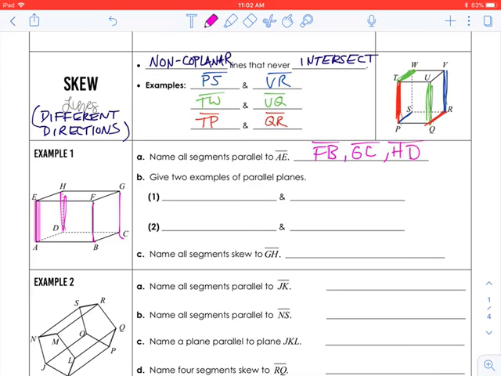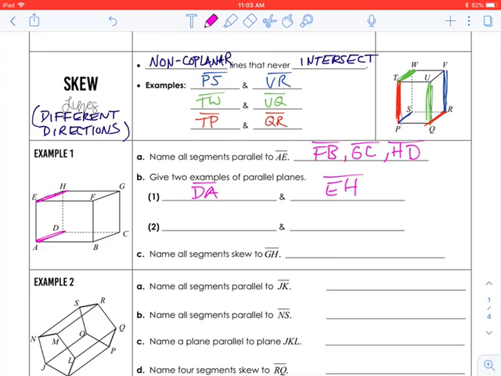Okay. And then give two examples of parallel lines. Well, all we have to do there is think of two lines that are parallel. So we already did 4 there, so let's try something different. DA is parallel to, let's say, EH. They're both going front to back.